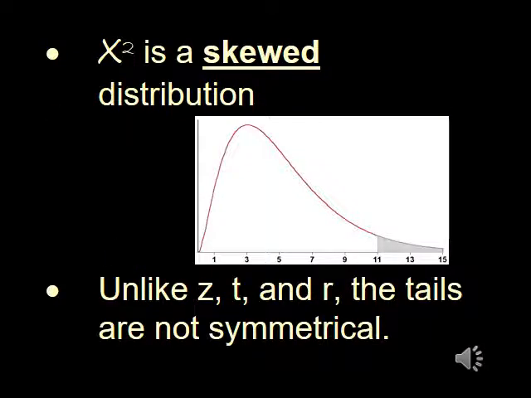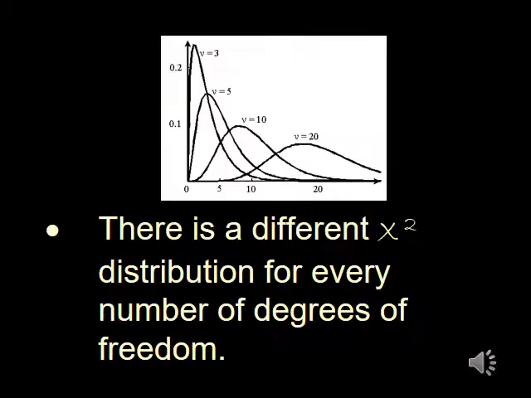Something your book makes a big deal of, although it's not really all that important, is that chi-square is a skewed distribution. Unlike Z and T and R, it doesn't make a mirror image, and you don't have the same thing for negative numbers as for positive. Actually, everything for chi-square ends up positive.